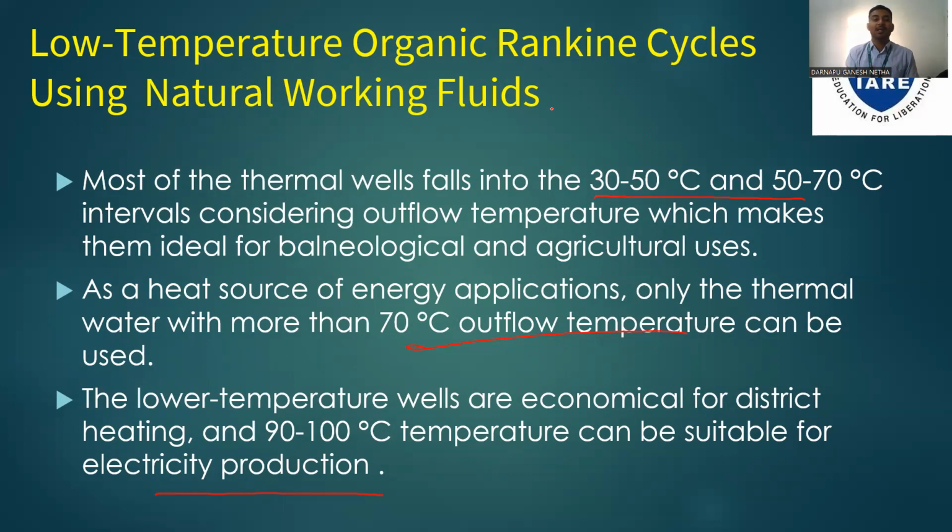So at those places, thermal plants can be suitable. So the point itself indicates that in thermal plants, it is nearly 35 to 50 degrees and 50 to 70 degrees, it may vary in intervals. So that is the temperature.